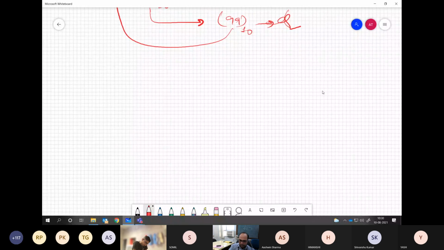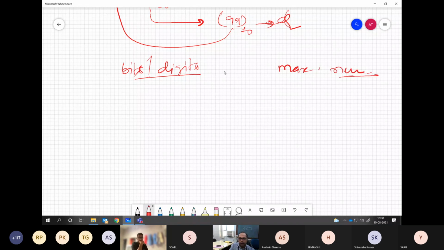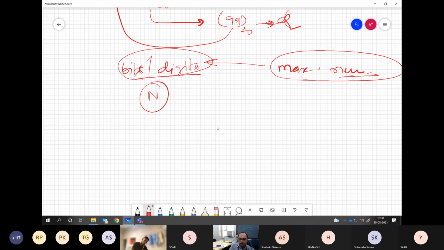How many digits or how many bits we have indicates the maximum number we can represent with the available number of bits or digits. If there are n digits for base 10, what is the maximum we can represent?